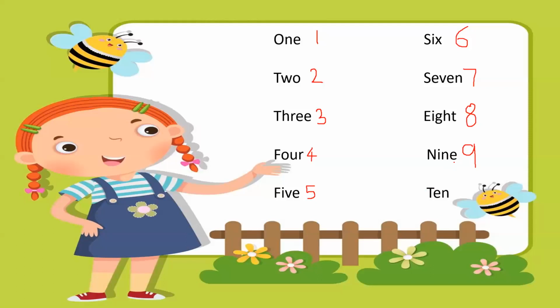N-I-N-E, 9. Then next number T-E-N, 10. What is the next number? T-E-N, 10. How will you write number 10? Like this, 1, 0, 10. Okay. Everyone clear with this?